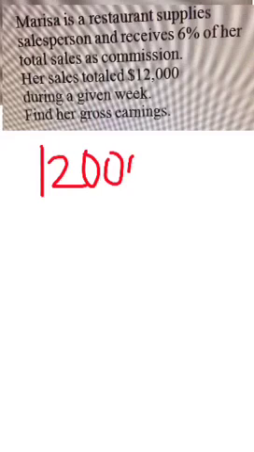To find her gross earnings, just multiply 12,000 times the rate. Change any rate to a decimal. So 6% would be 0.06.